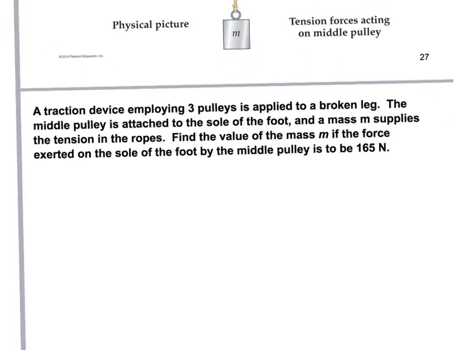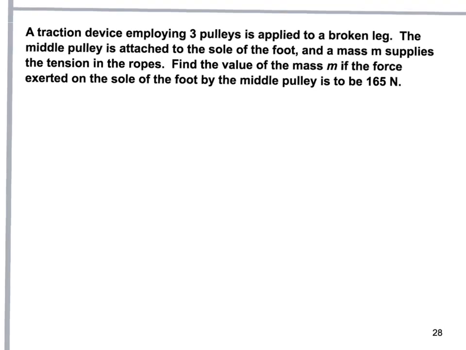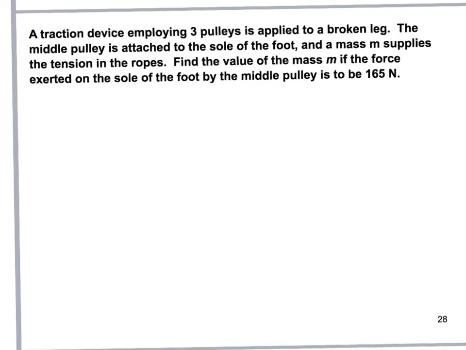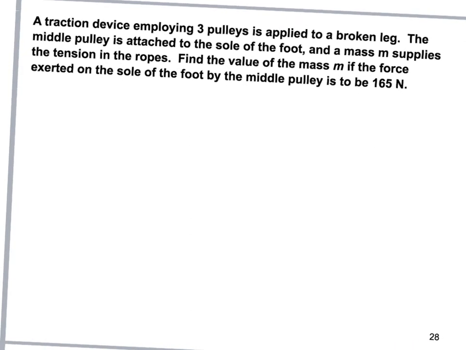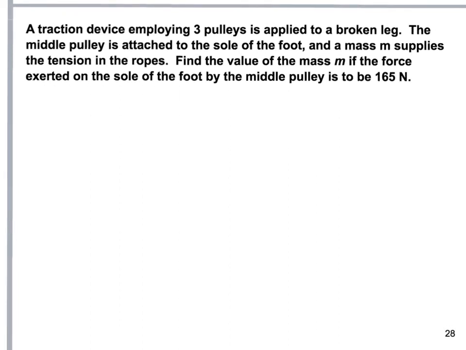So that traction device has 3 pulleys, and it's applied to a broken leg, and the middle pulley is attached to the sole of the foot, and that's the one putting all the tension on the leg, to make sure that the bone maintains its set position. And then a mass M at the bottom supplies the tension in the rope, and we want to find what the mass is in order for the force exerted on the sole to be 165 newtons.